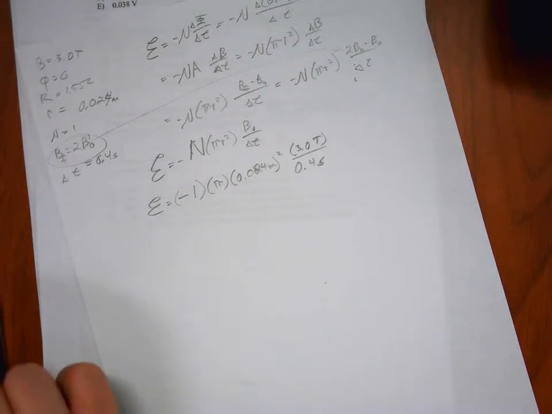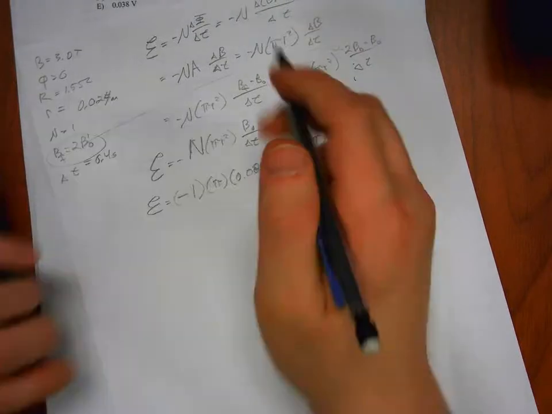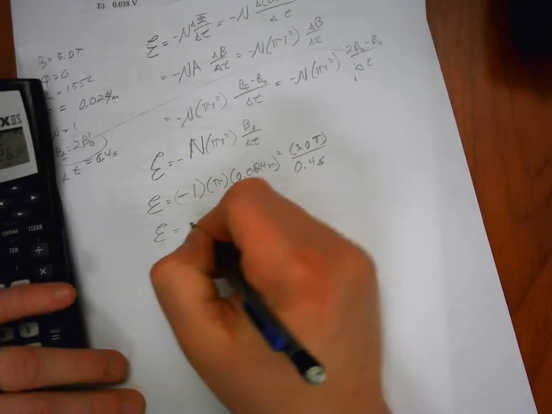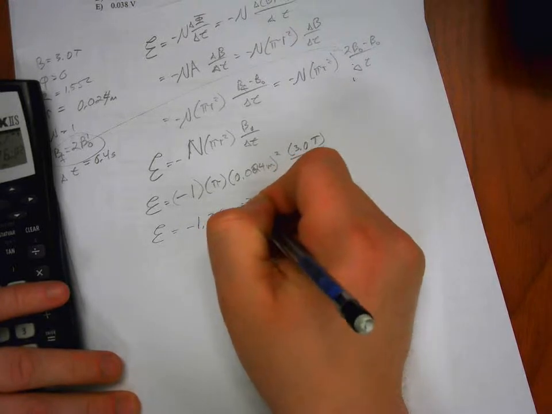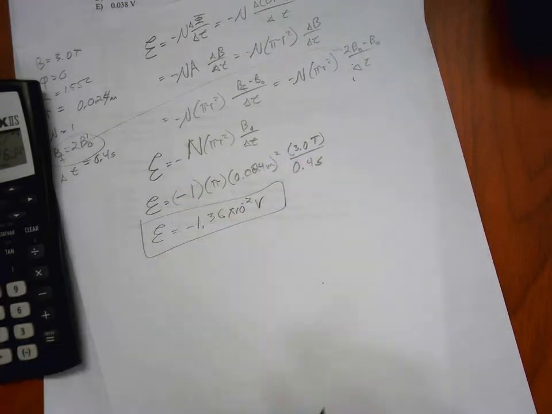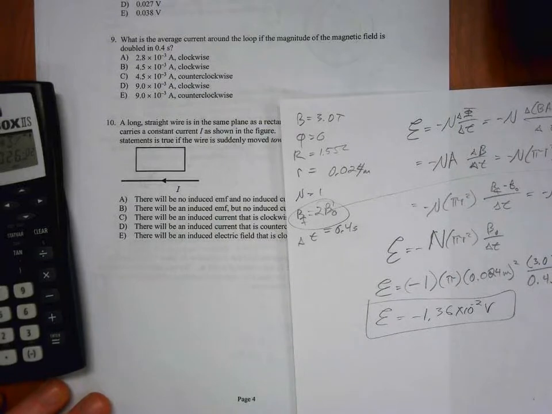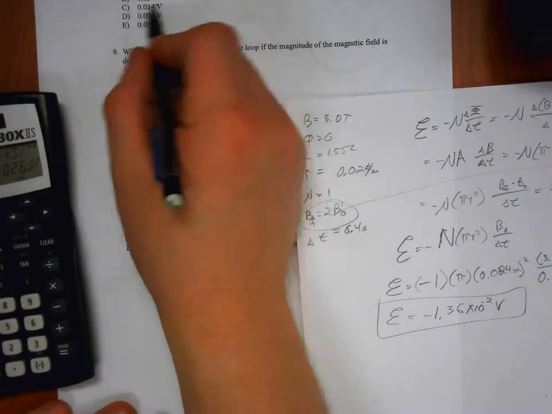So negative pi times 0.024 squared times 3 divided by 0.4. So the induced EMF is negative 1.36 times 10 to the negative second volts, which would be option C up here.